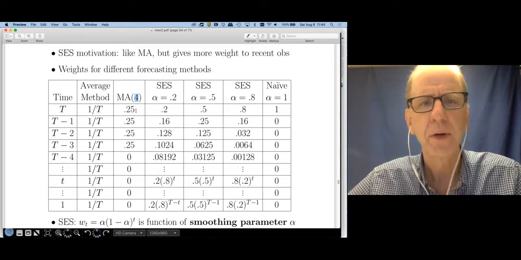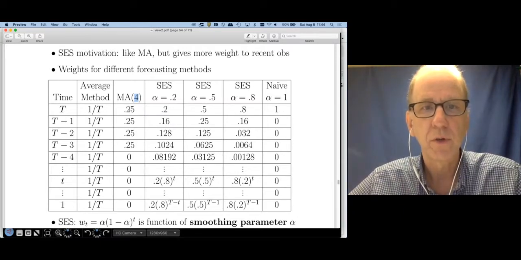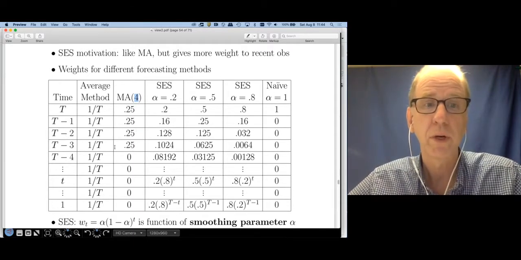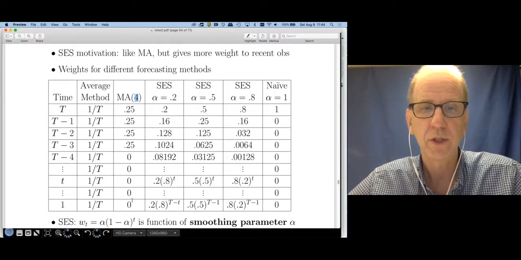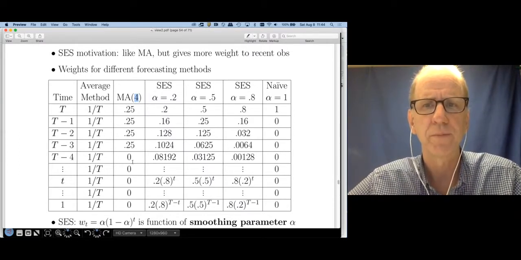So you could think about the weights being computed as follows. We give a quarter of the weight to the most recent observation, a quarter of the weight to what happened last month, a quarter of the weight 2 months ago, a quarter of the weight 3 months ago, and then no other observation matters when we're computing a moving average.